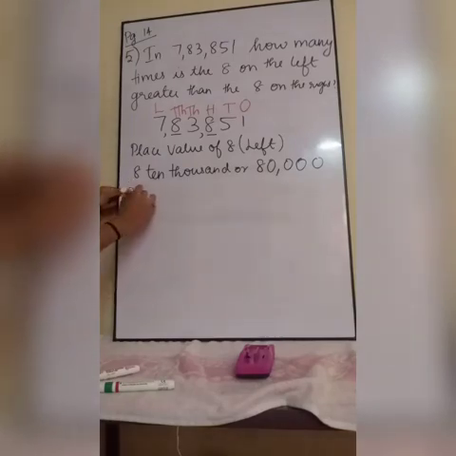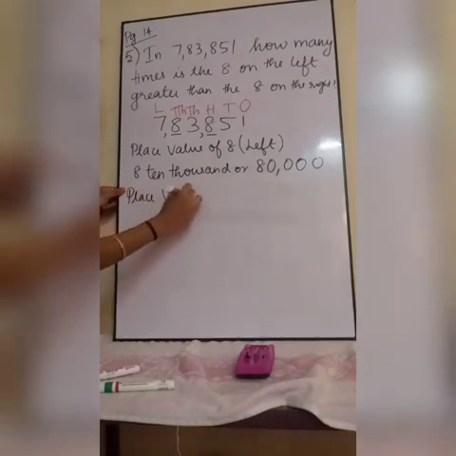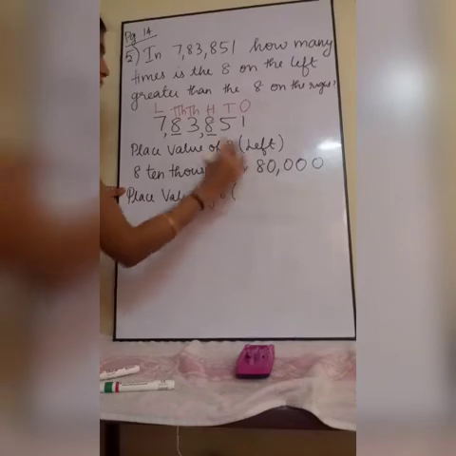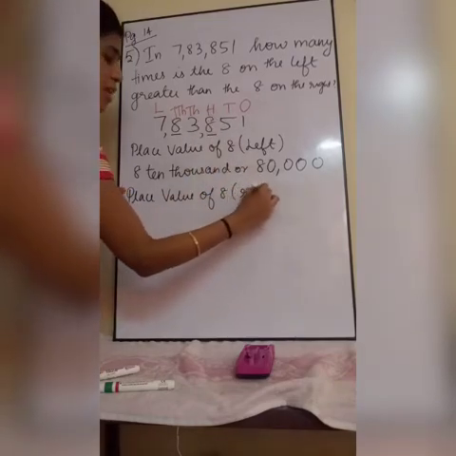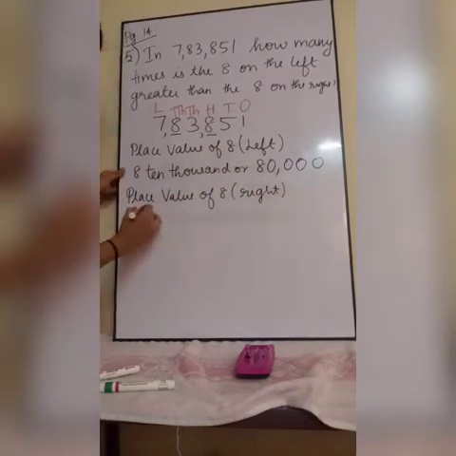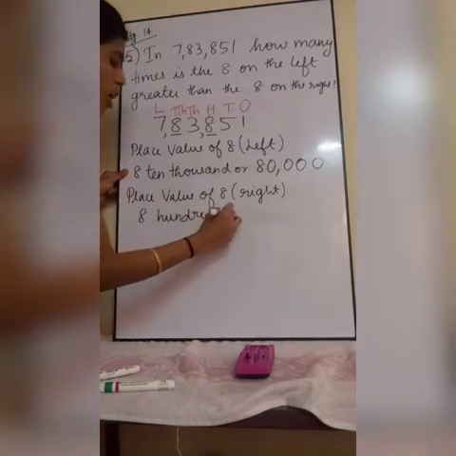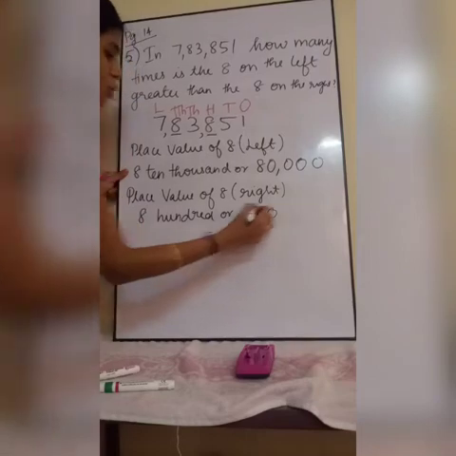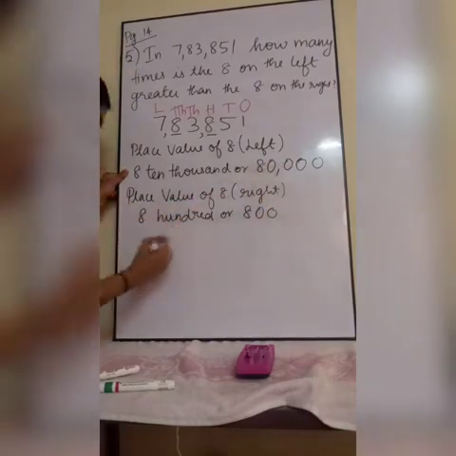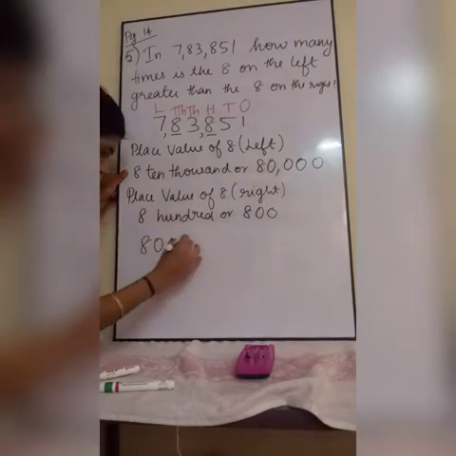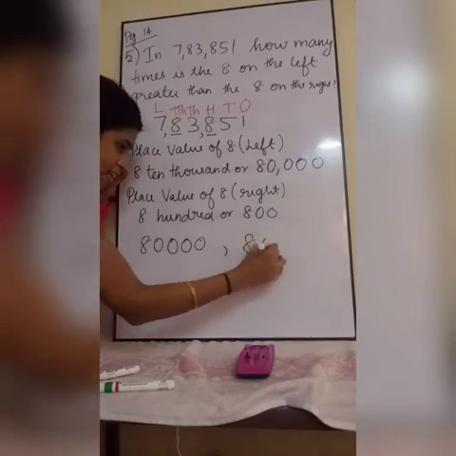Next, the place value of the 8 on the right side is 800. Or how to write? 800. Now you are writing this 80,000 and that side 800.